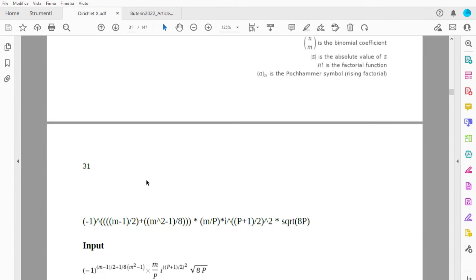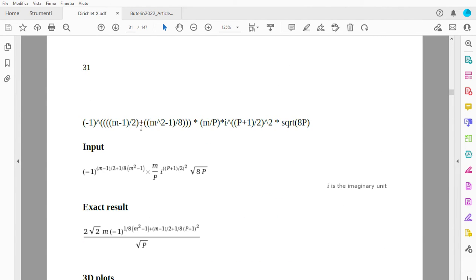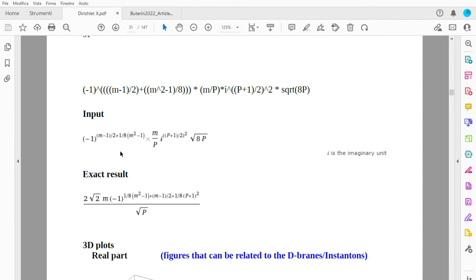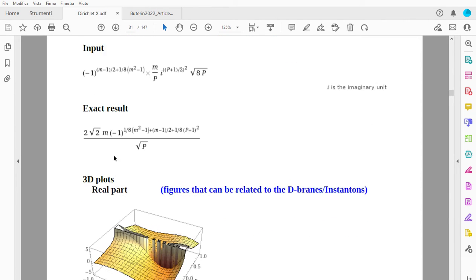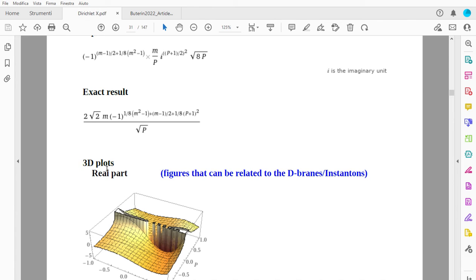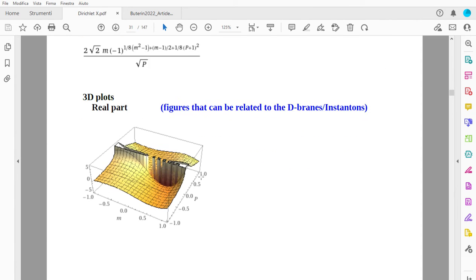Series representation. This is the second expression that we have, the following exact result, and also here the three-dimensional plots, and that represent figures that can be related to the Brandt's instantons.